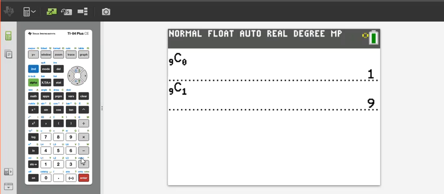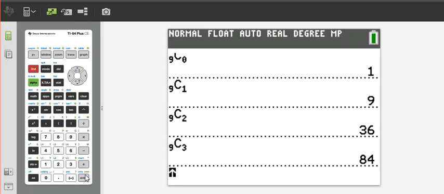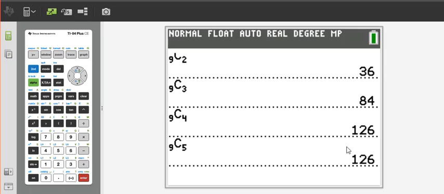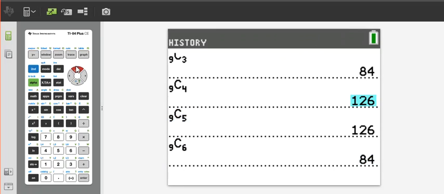Again, remember, at some point we'll reach the middle term and then the coefficients start to repeat. All right, so here we go. We've reached our middle terms. So now we're going to get the repetition. You can see if we do 9 choose 6, we should get 84 out of this. And yes, we do.